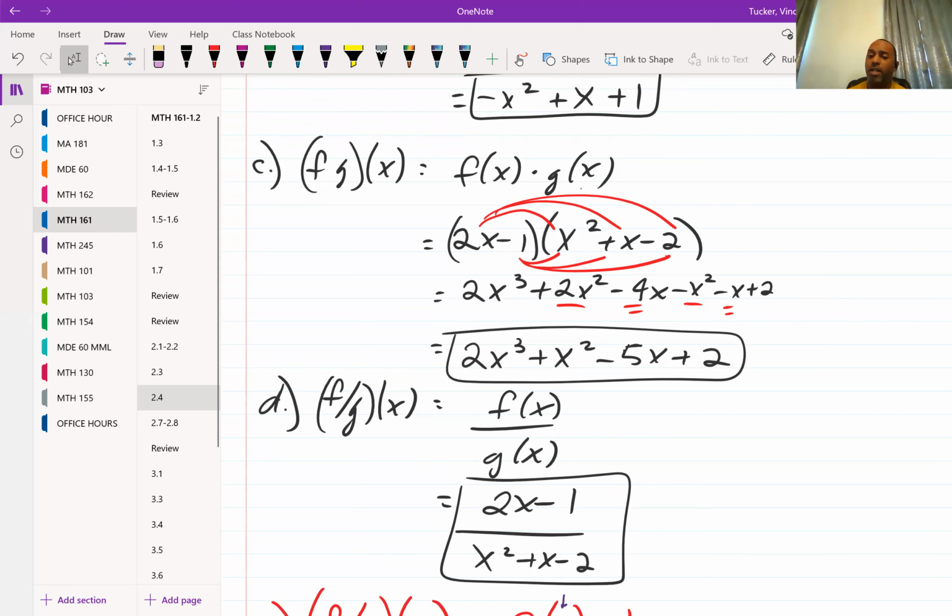In this case, there is no cancellation that will benefit you, and there is no cancellation that could occur. So you would just leave it the way you see it, 2x minus 1 over x squared plus x minus 2. Any problems, any questions?